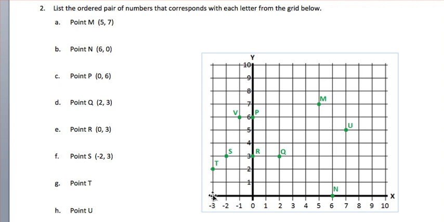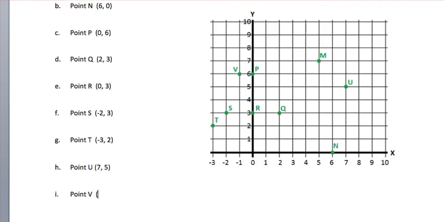It's -3 across, and then +2 up. And point U, which is all the way over here, is across 7, and up 5. And our final point, point V, is (-1, 6).